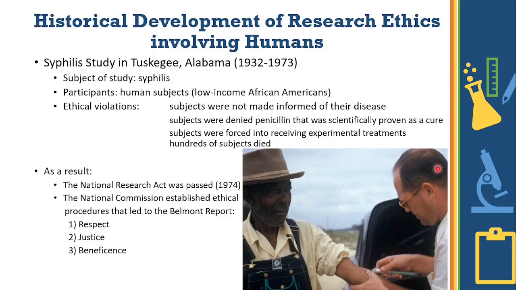Another historical development of research ethics involving humans that's worth mentioning is the Tuskegee experiment. The Tuskegee experiment, which began in 1932, was an embarrassing and oppressive experiment in which all ethical and moral human values were violated.